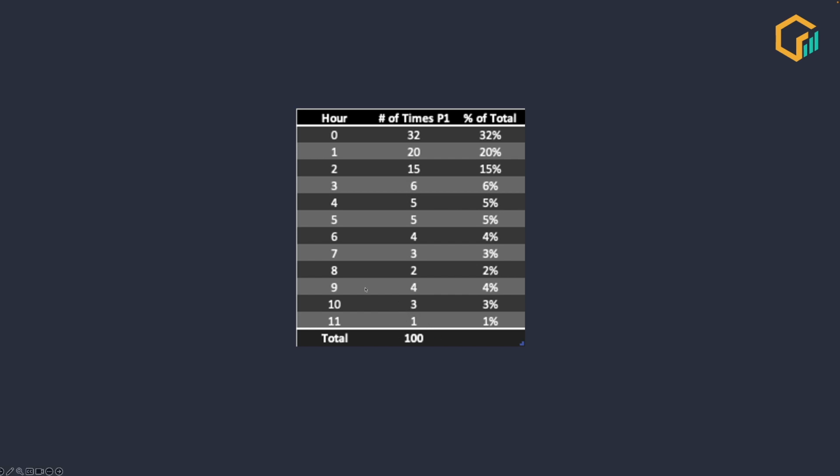So the total is 100, which means that 32 out of 100 is 32%. That's how P1 is calculated, very simply put. Same here, 20 out of 100 times it was hour 1, so that's 20%, and so on and so on.